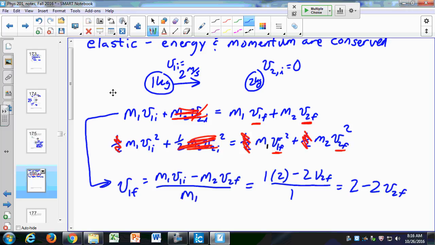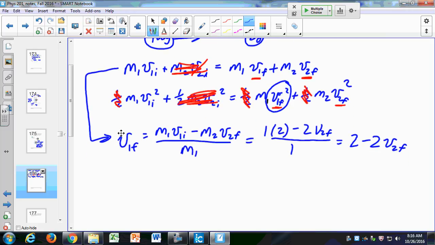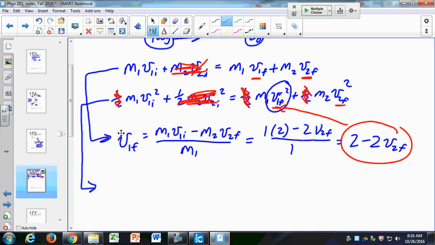Now I plug that in for v1f here, and I can solve that equation then for v2f. What I'm doing here is I'm taking this and substituting it right here for v1f squared. I'm just going to set it up for y'all, and then I'll let you solve it on your own. It's solving an equation for a single variable.